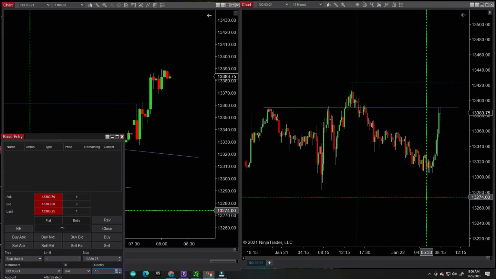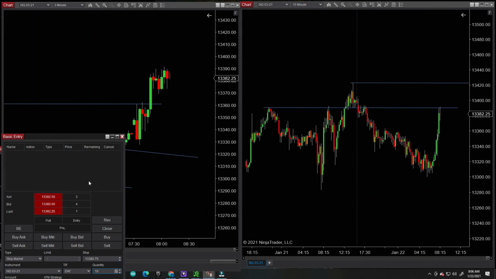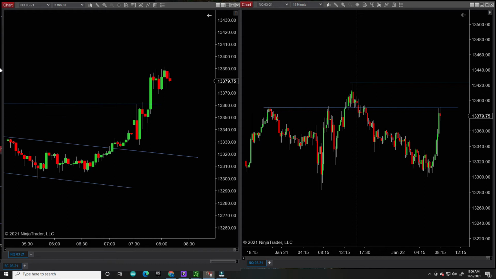Those are my exits. If I'm in my trade, I can immediately click on the other order entry screens to get out in amounts I'm comfortable with. Like the one with 2 contracts, I can click on that 5 times and I'm out of my trade.